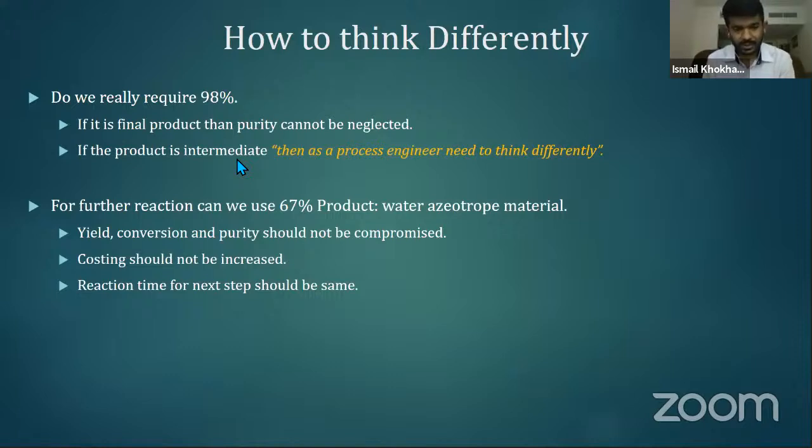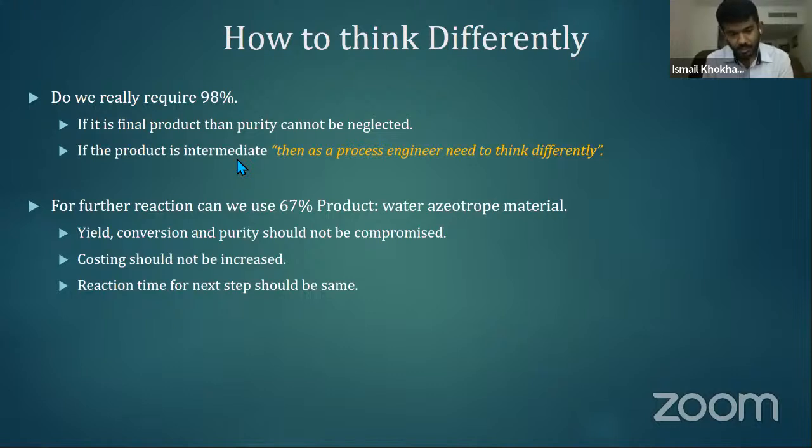So now, as we know, in the first distillation column which I showed you, the azeotrope of product and water was 67 to 33. So we started asking ourselves, is 98% the criterion for the next reaction, or can we use 67% product along with the water azeotrope and go ahead?